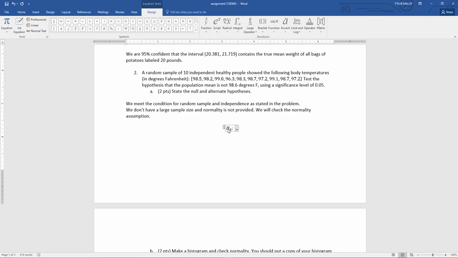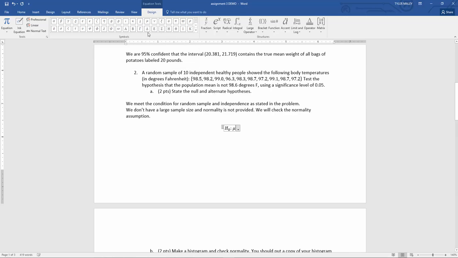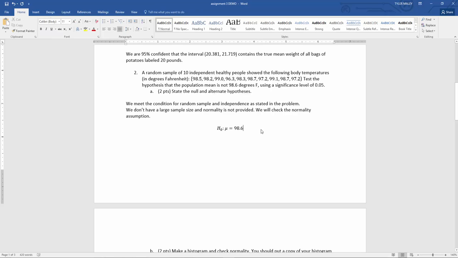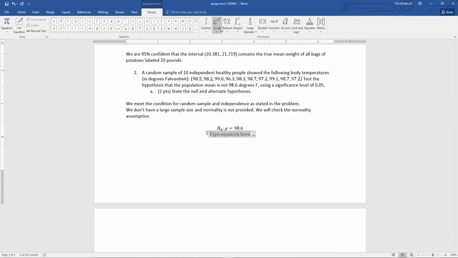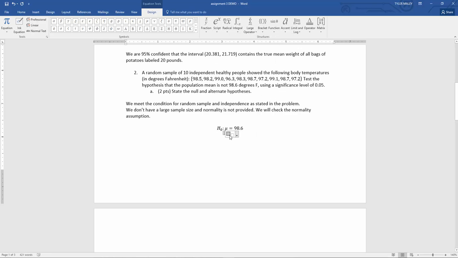Then if we click the down arrow, go to Greek letters, we need mu, which is right here. So we're testing that mu is equal to 98.6. That's our null hypothesis.